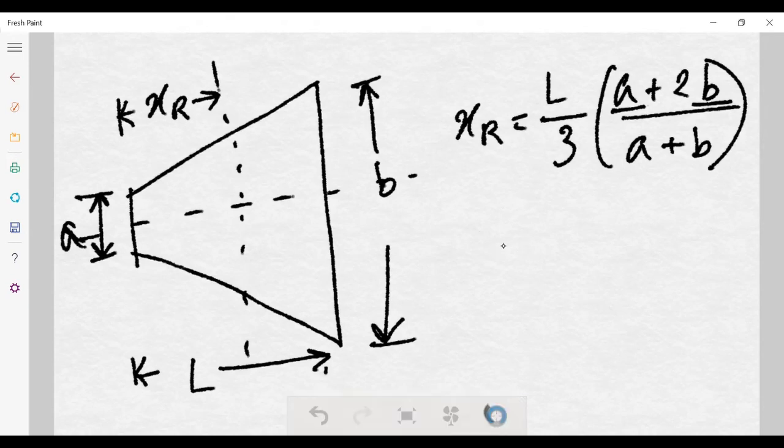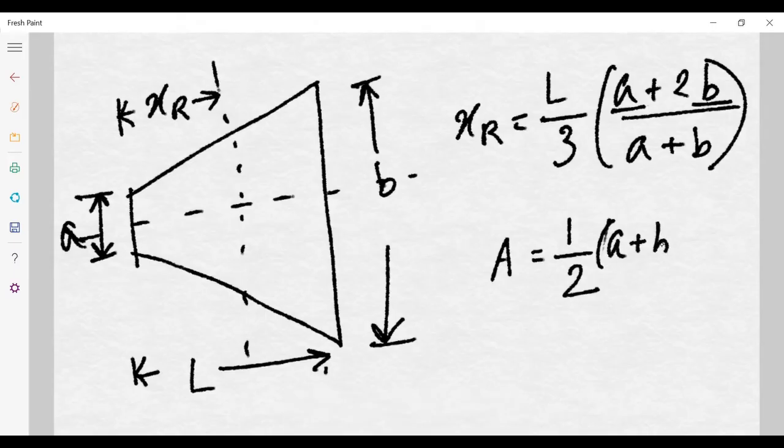We can take one equation for the area. The area of a trapezoid is half into the sum of the two parallel sides, A plus B, into the distance between them.